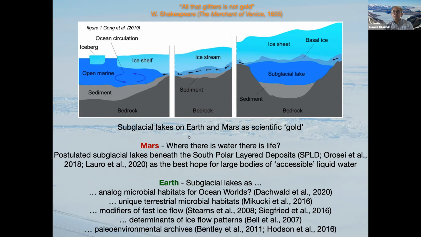And suddenly on Mars, there's been a lot of talk about subglacial lakes since 2018, since the publication in Science that speculated that some of the bright radar reflections found in the Mars data beneath the South Polar layered deposits may be subglacial bodies of brine, lakes, liquid water.